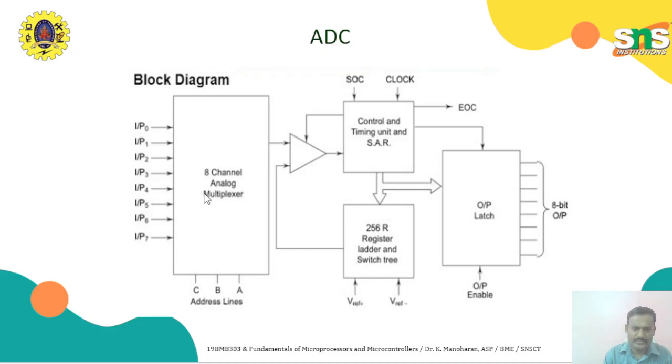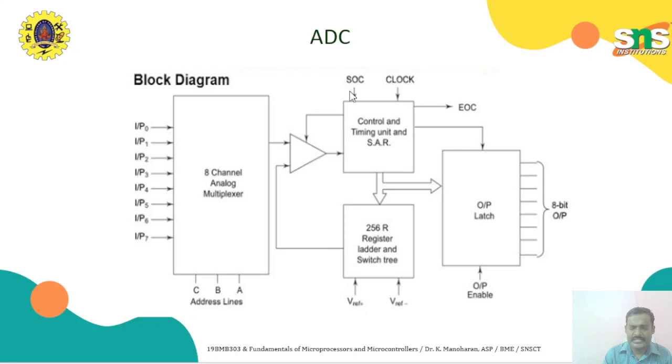Look at this, this is the actual input and this is the feedback. These will be compared, and based on that the SAR can be incremented or decremented. This is the SOC, start of conversion. After completing, it gives the EOC pulse. The operation is: first we give the SOC pulse.